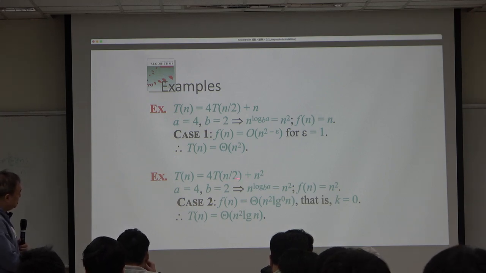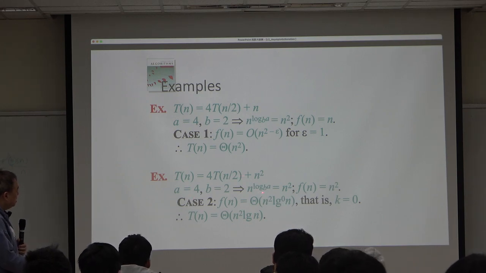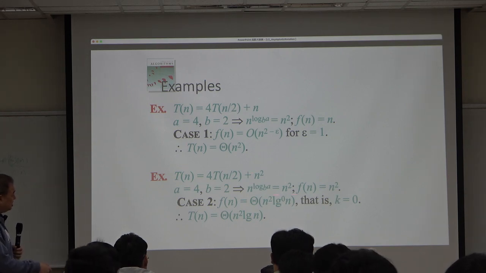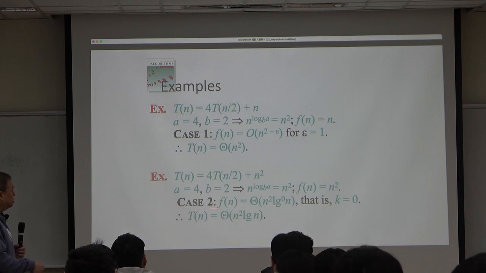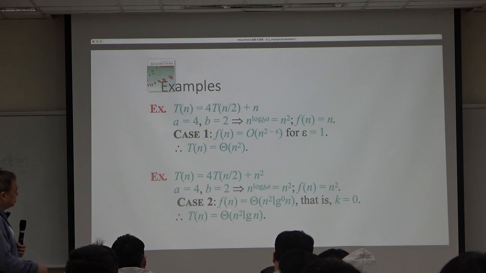This term remains the same, but this one becomes n squared. And n to the power of log base b of a is still n squared, right? So this n squared and the merge cost n squared are the same. If they are the same, that falls to case 2. In case 2, T of n will be n squared log n.